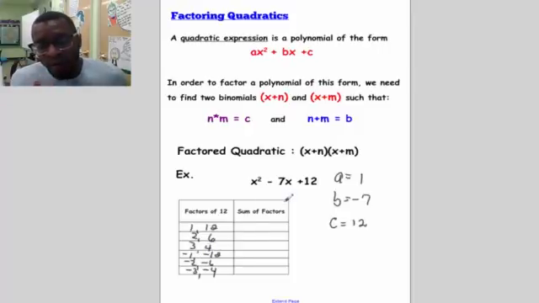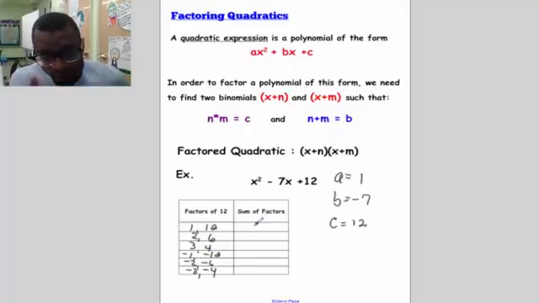Now, remember, we want the product to be equal to c. So our products equal 12, but we also need to consider the sum of these factor pairs and make sure that we get a sum of negative 7. So we need to look at the factor pairs and choose the one whose sum will give us negative 7.